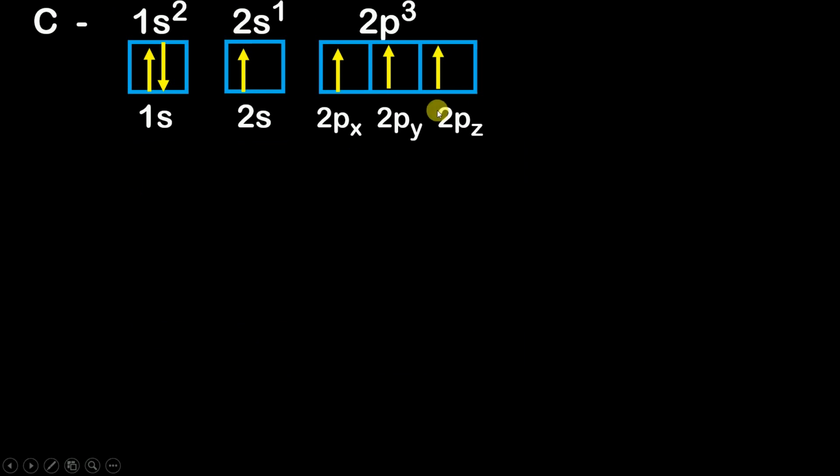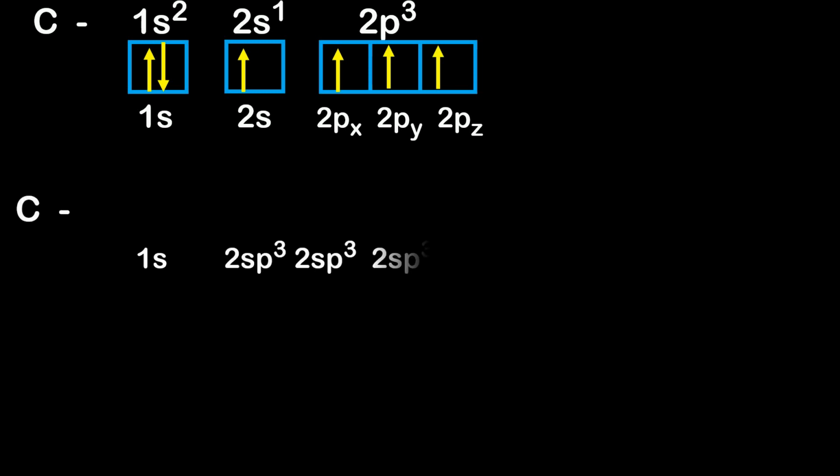Now here, what happens is that this 2s gets hybridized with 2px, 2py, 2pz. In methane, 4 pure orbitals are going to get hybridized, and after they get hybridized, they form a hybridized orbital named sp3. Now why is it given the name sp3?